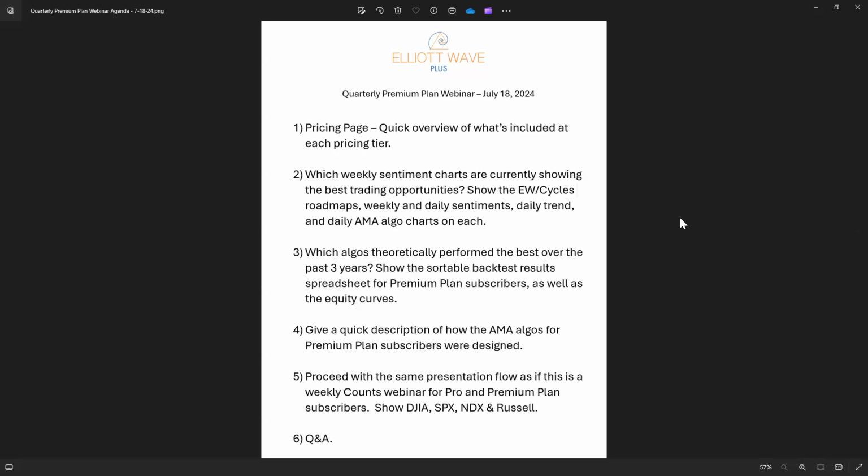I've had daily sentiment conditions charts for premium plan subscribers for several years. And I've developed a new weekly template on it that I believe is easier to read and really helps traders narrow down which items would be the best ones to trade right now.